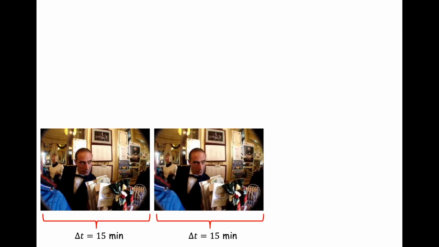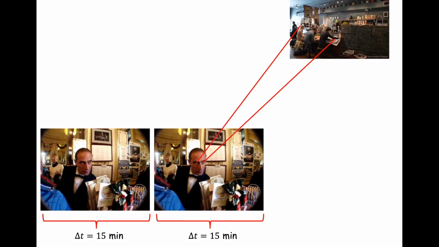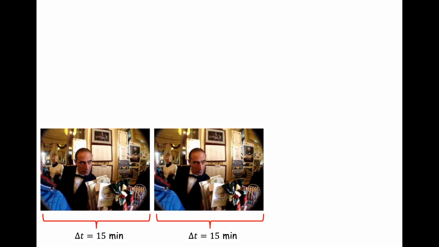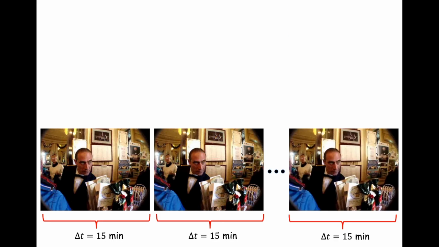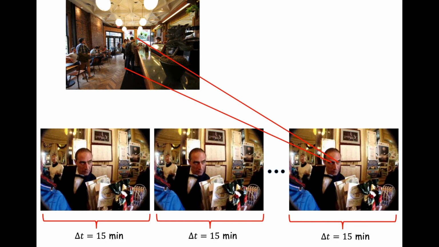Then in the next 15-minute block of time, he sees 2 people, 3 people come to the counter. He makes a mental note. This keeps happening time after time, every 15-minute block. In the first time instant, he saw 1 person.